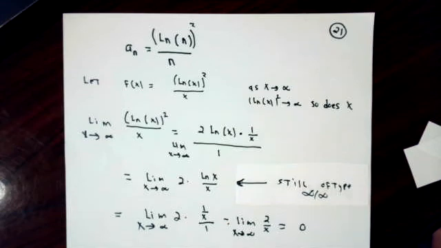None of those numbers, 2 over x, are equal to 0. None of them at all. 2 over x is never 0. But as I allow the x to become arbitrarily big, 2 over x gets arbitrarily close to 0.